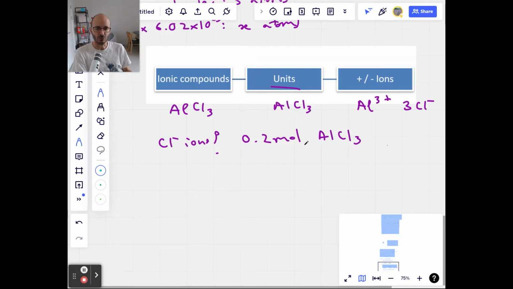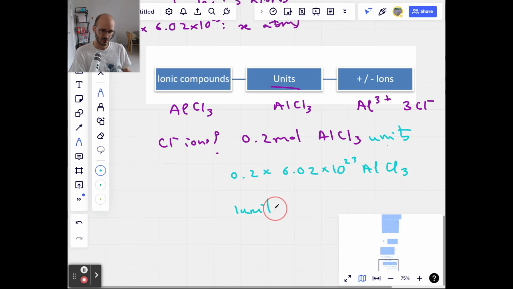If you have 0.2 moles of aluminum chloride, that's aluminum chloride units. How many units do we have in 0.2 moles? We have 0.2 times 6.02 times 10 to the 23 units of aluminum chloride. And we know that 1 unit has got 3 ions.